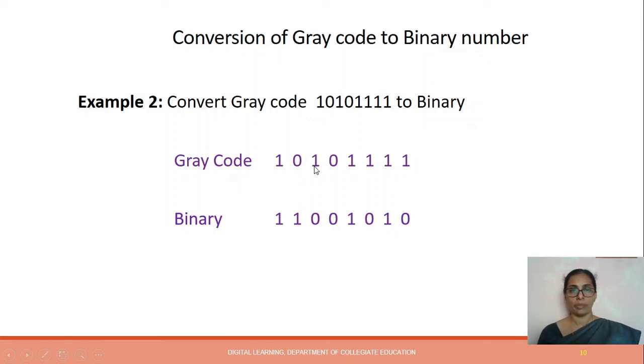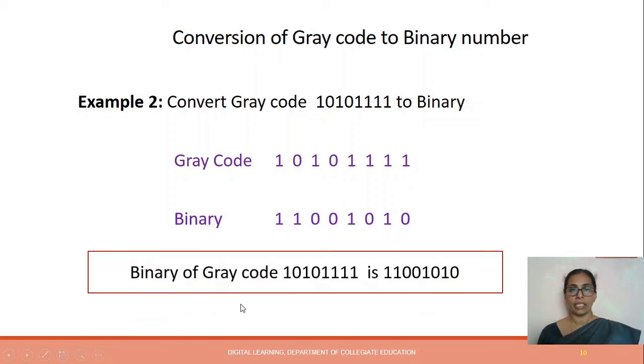Next is 1 plus 1, 0 with the carry 1, so remove the carry. 0 plus 0, 0. 0 plus 1, 1. 1 plus 1, 0 with the carry 1. 0 plus 1, 1. 1 plus 1, 0 with the carry 1. So the binary of the given gray code is 11001010.